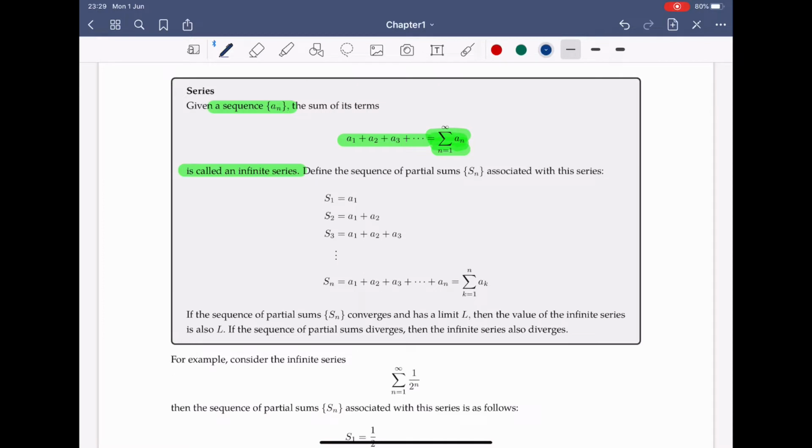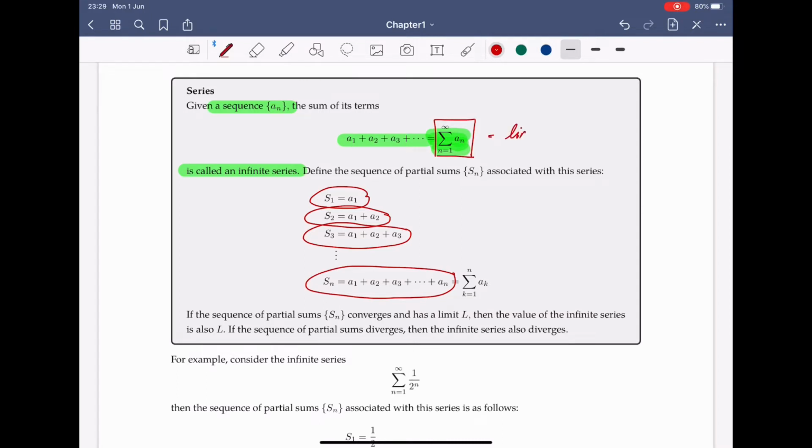Let's look at what we define here. We define S1 to be a1. We define S2 to be a1 plus a2. We define S3 to be a1 plus a2 plus a3. And so on. We define Sn to be the sum from a1 to an, right? What we need is the sum of an infinite times, so actually what we need is the limit of Sn when n goes to infinity.